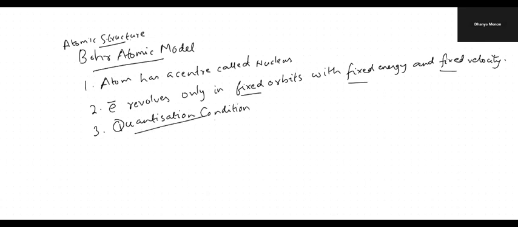Now, quantization means available in small amounts of fixed quantities. We saw that the electron revolves only in fixed orbits with fixed energy and fixed velocity. So what is this quantization condition?